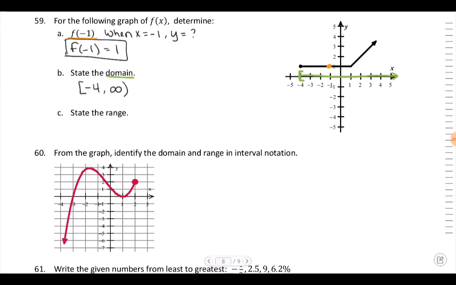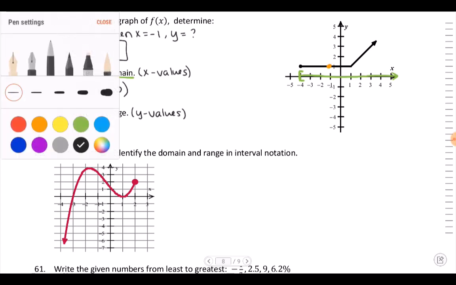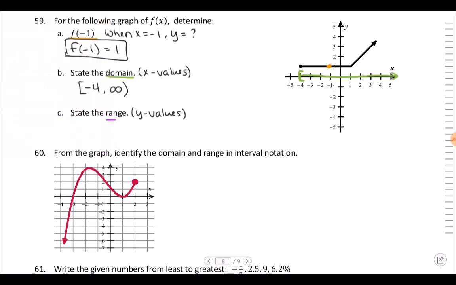Now the range is going to be, so domain, these are your x values, right? Range is your y values. So we know domain, and so x comes before y, d comes before r, and therefore x and d go together and y and r go together. So for your range values, you're looking for the lowest point on the graph to the highest point because you want your smallest output value or smallest y value up to your biggest y value.